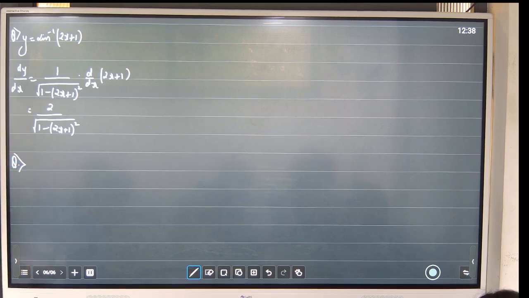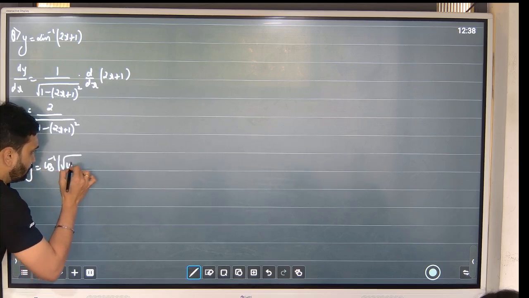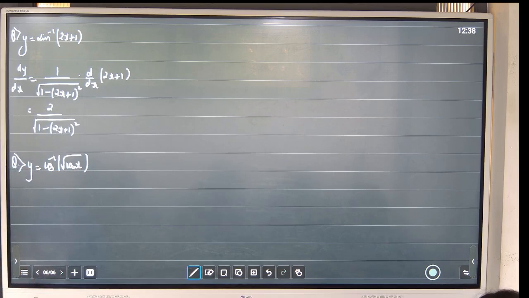Next question is, if I solve this, y is equal to cos inverse of root cos x.